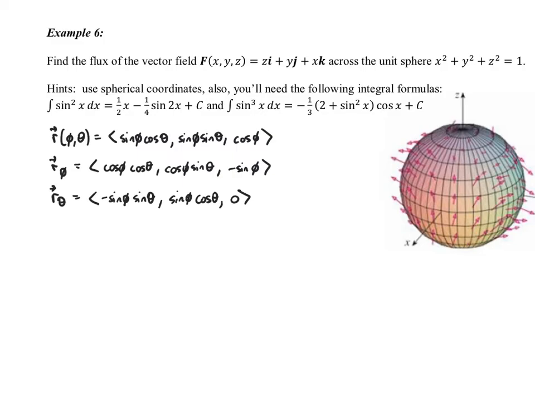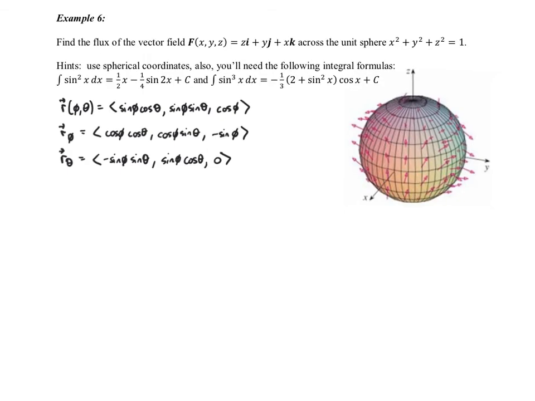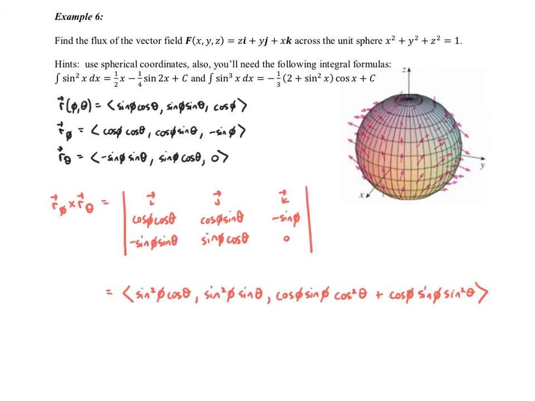So I'm going to pause and write out this portion. Okay, so I've set up the cross product between these two vectors and performed the cross product. Obviously the cross product is a bit ugly. We can't really do much with the first two components, but we can simplify the last one, which will help us a little bit.